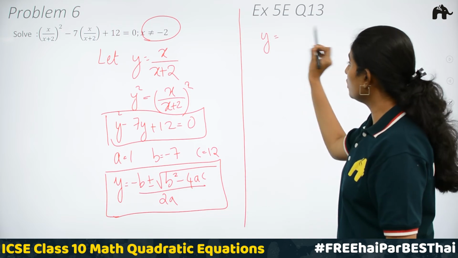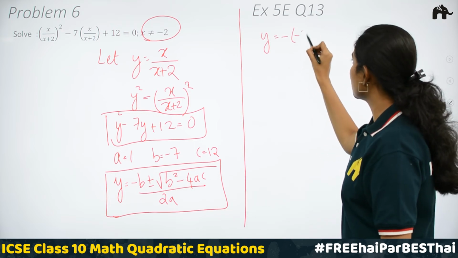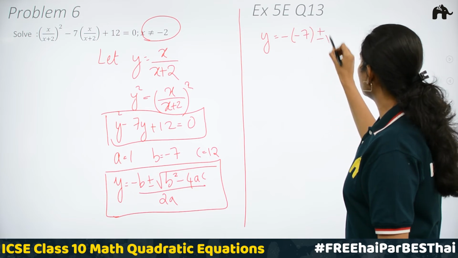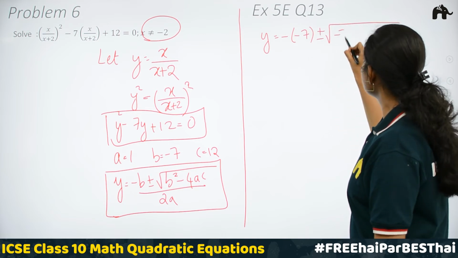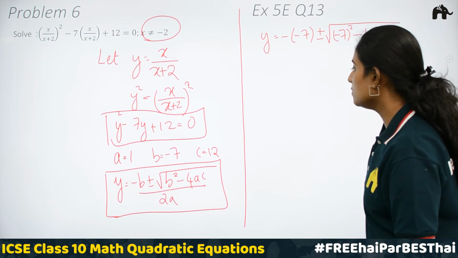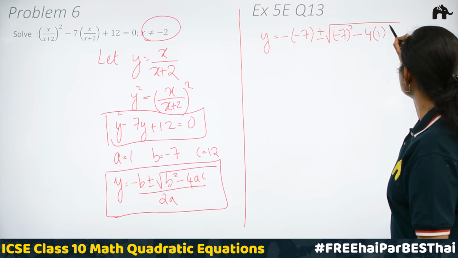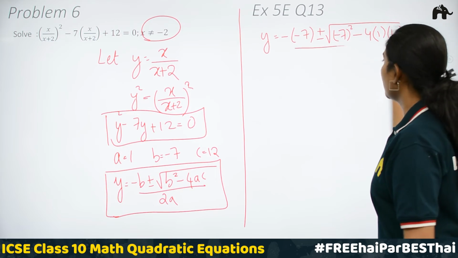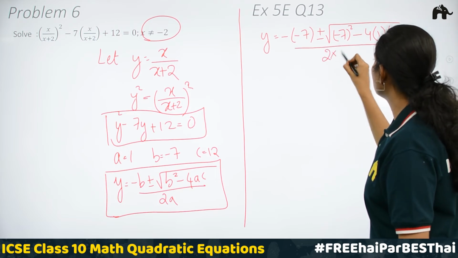y is equal to minus of minus 7 plus or minus root of minus 7 whole square minus 4 into a into c, where a is equal to 1 and c is equal to 12, divided by 2 into 1.